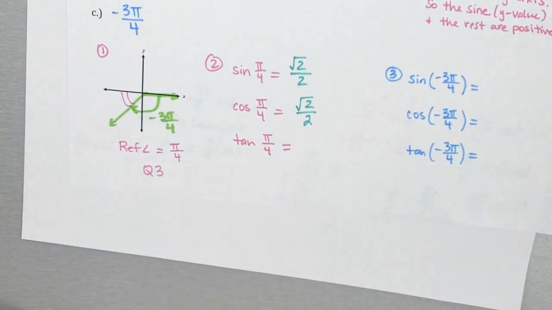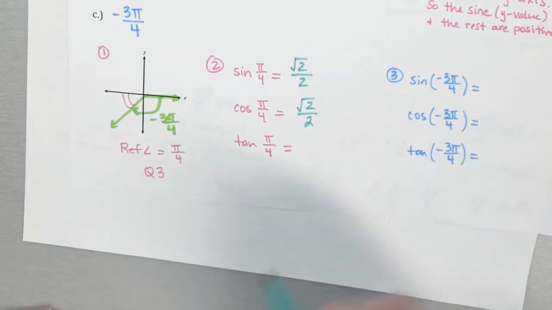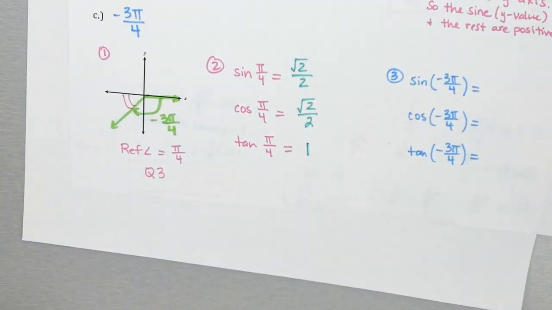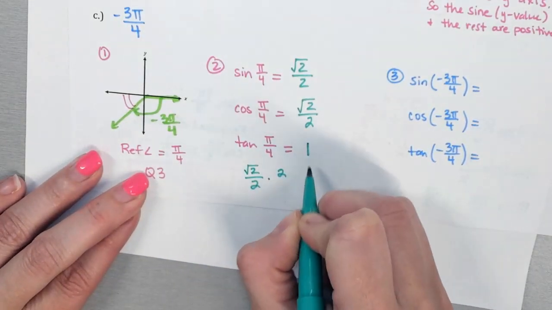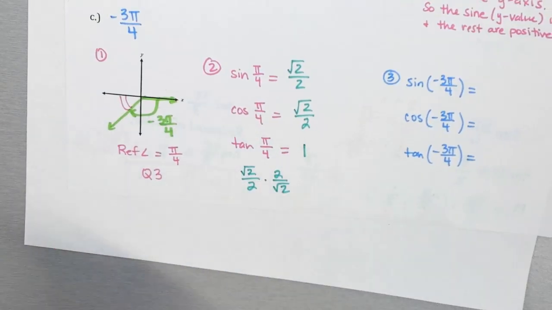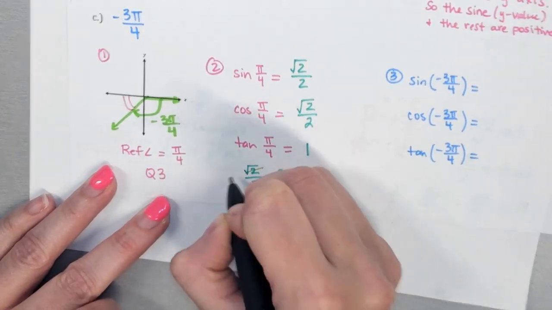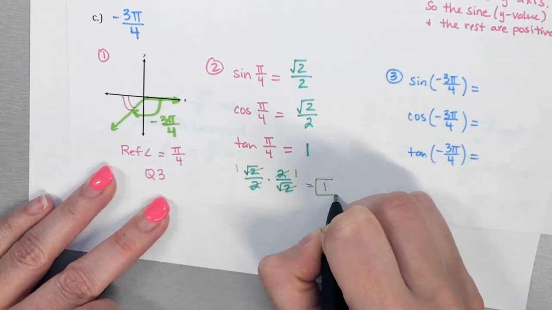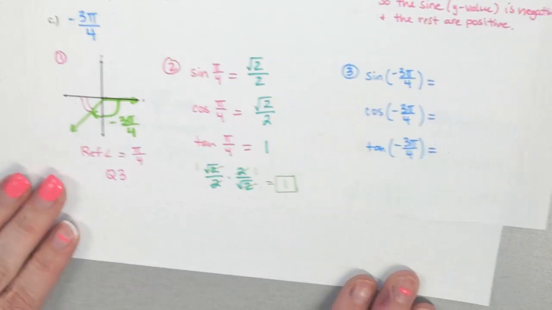And when you're finding tangent, when you're finding the y divided by the x, it's the same thing divided by itself. What do you get? 1. Okay, so you don't even have to write out for the one that's 1. The other ones you will have to do some solving, but when you're dividing anything by itself, those cancel to make 1. Okay, so you don't necessarily have to write the work out for the pi over 4.